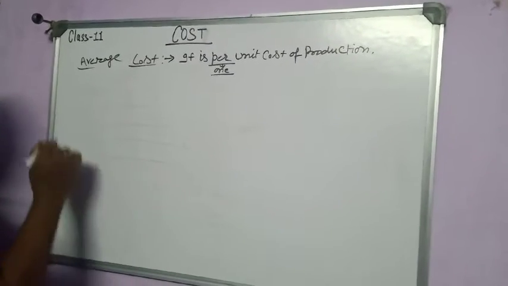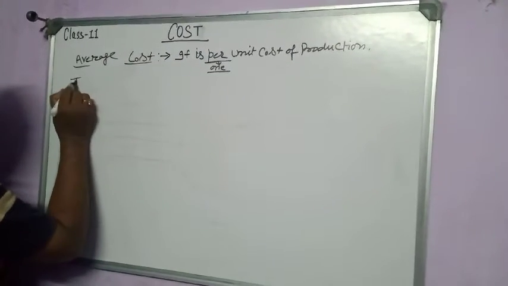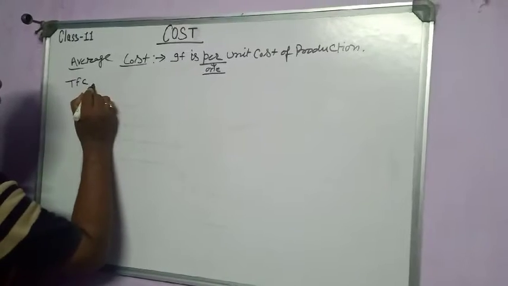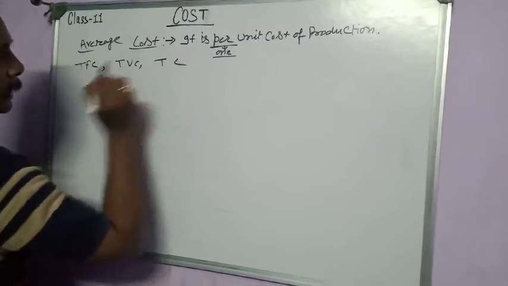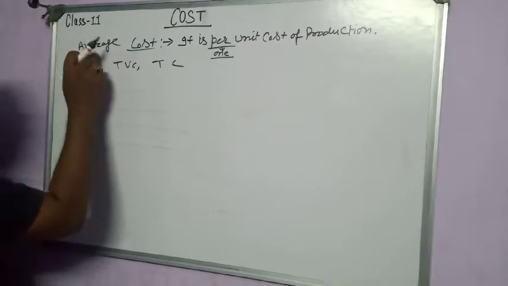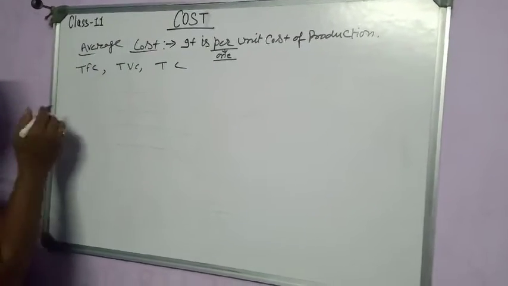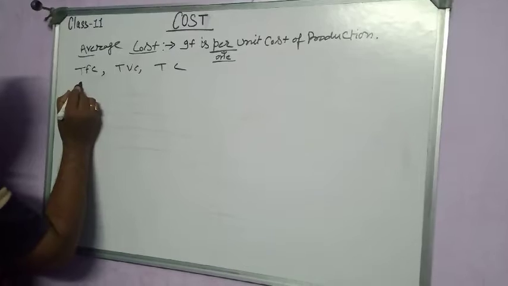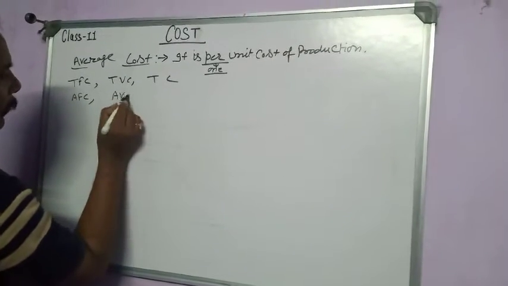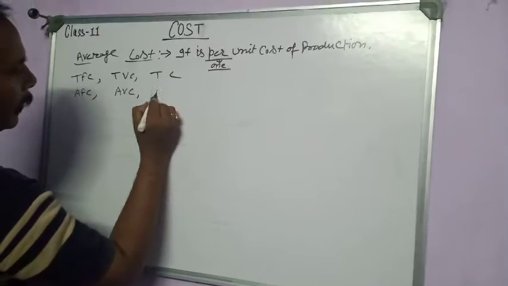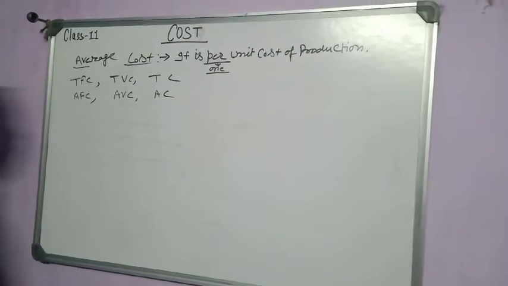So we have already done TFC, next we have done TVC, next we have done TC. So what will be the average cost of TFC? So here we will write AFC, here we will write AVC, and here we will write AC, average cost.